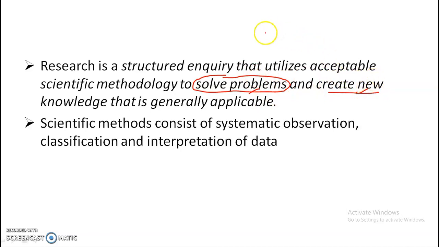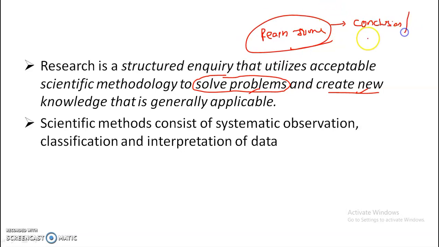Creating new knowledge means that if you study any research journal, at the end in some papers they will give the conclusions or the future scope. In this future scope, they just mention what next we can do with the present concept. So that thing you can do.